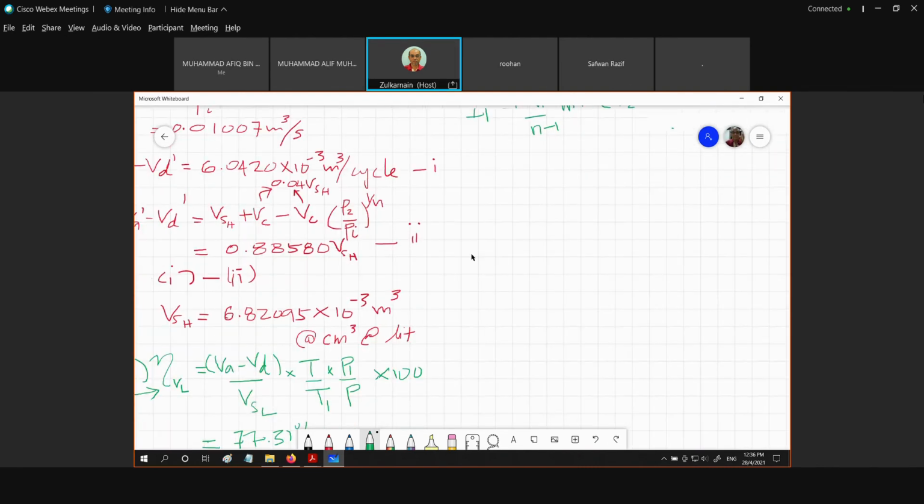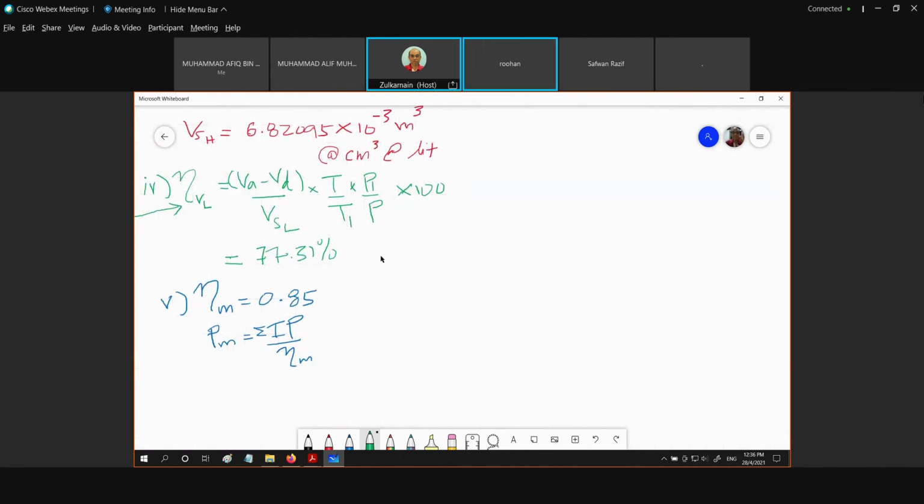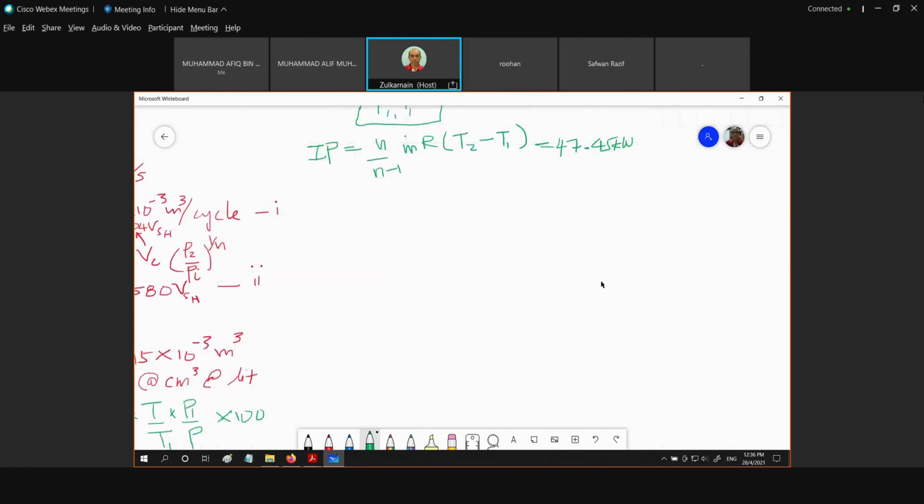Because we use less power when using multi-stage. The operation is a bit more complicated, but as an engineer you will pick the multi-stage option because it's easier to maintain.